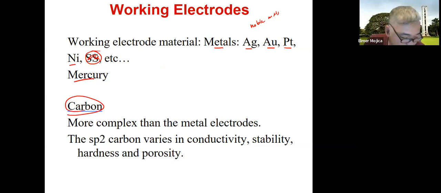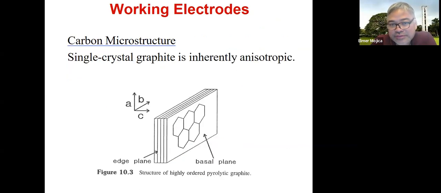So carbon, they said, is more complex than the metal electrodes. You have to take into consideration the sp2 carbon, and they vary in terms of their conductivity, stability, hardness, and porosity. Usually when you look at the carbon microstructure, especially graphite, they are inherently anisotropic.